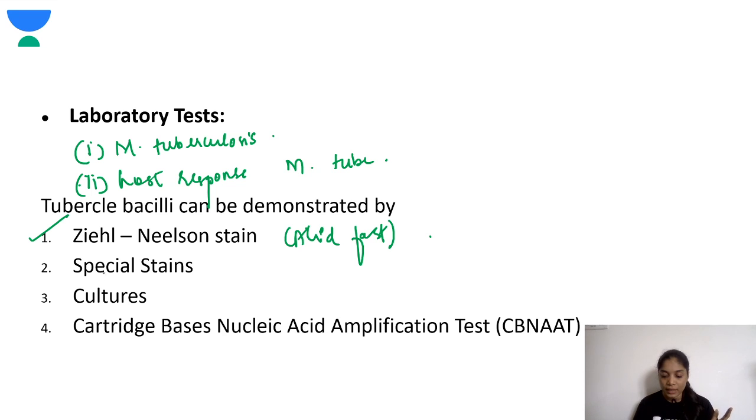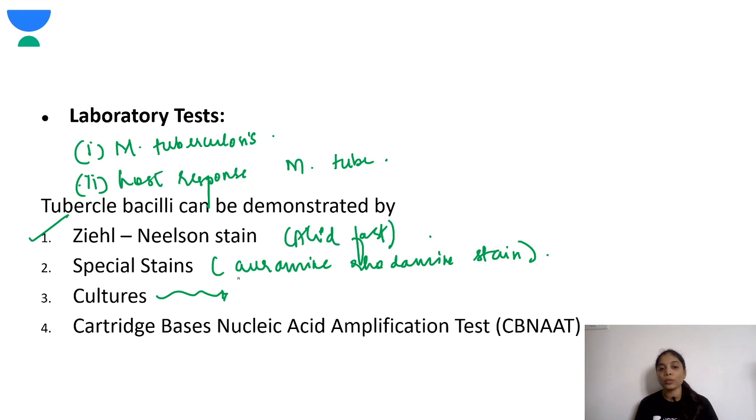For special stains, with fluorescence microscopy you can use auramine, rhodamine stain. When it comes to culture, the best medium for Mycobacterium tuberculosis is LJ medium, that is the Lowenstein-Jensen medium.